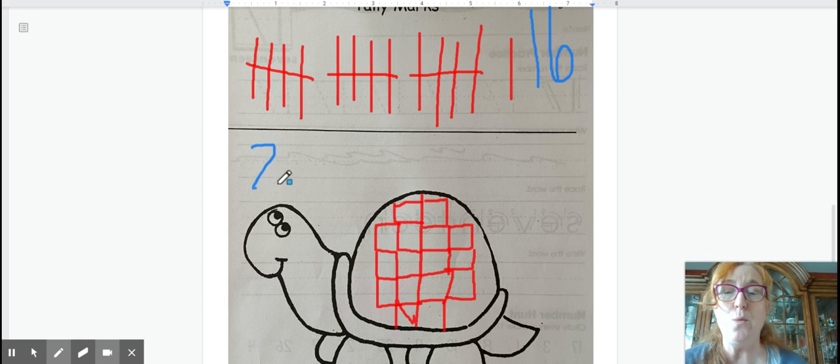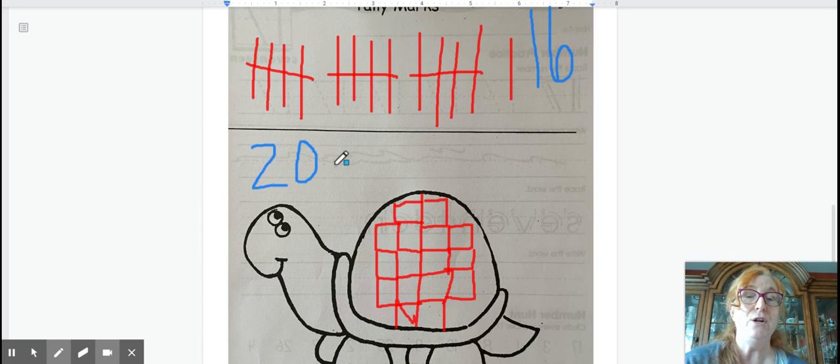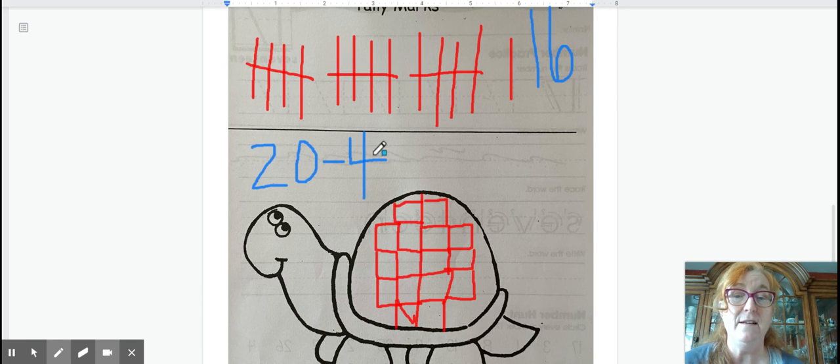Let's start with 20. Let's say I have 20 cookies in my kitchen on the plate, 20 cookies. And Patrick goes in there and he's hungry and he eats 4 of the cookies. So he eats 4 of the cookies. That's going to leave me with 16 cookies left.